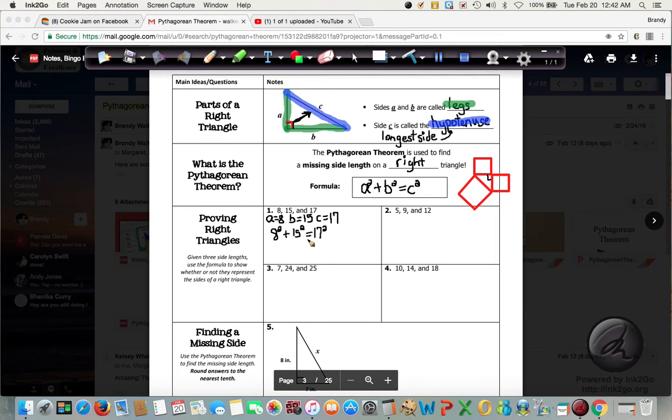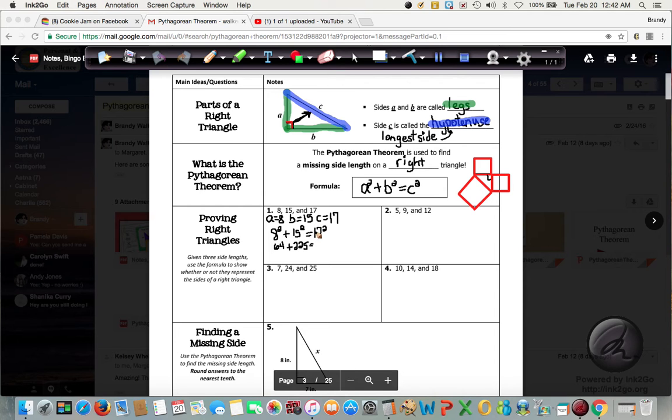That's all I did, I took my A, my B, my C, and plugged them in. Now let's do some math. 8 squared is 64. B squared is 225.